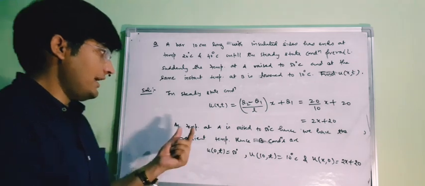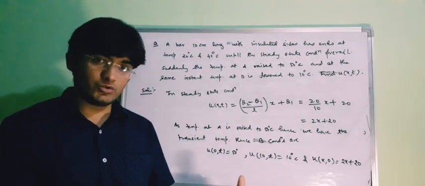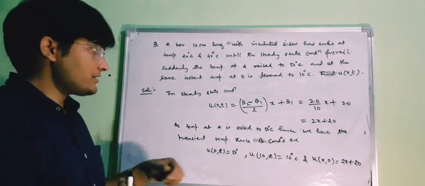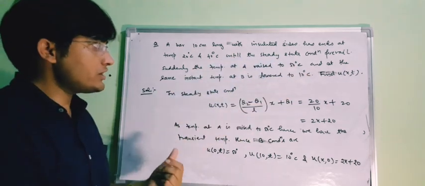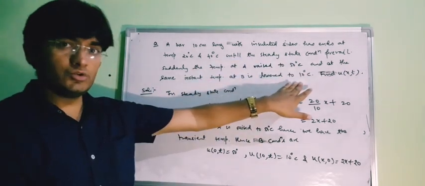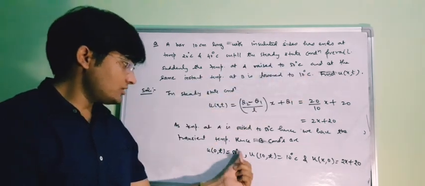Now as you can see that the temperature at the ends is non-zero, so we will try to make this temperature 0. We will try to lower this temperature to 0.